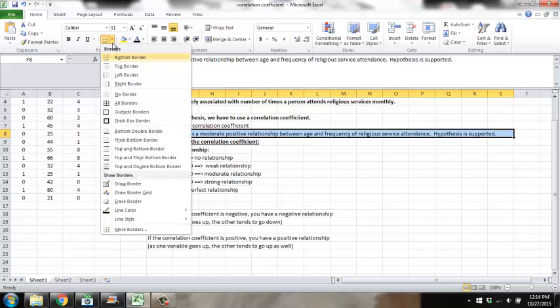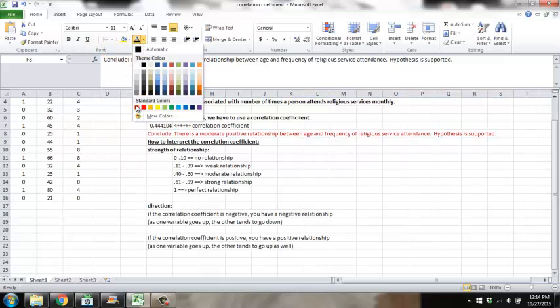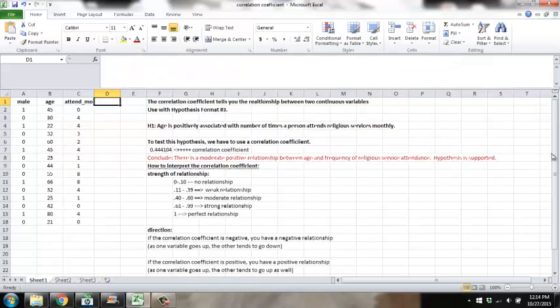Let me just add a few more numbers here. Let's say that we have a variable called income, and it's in tens of thousands of dollars. Let's say this person is making 40,000.